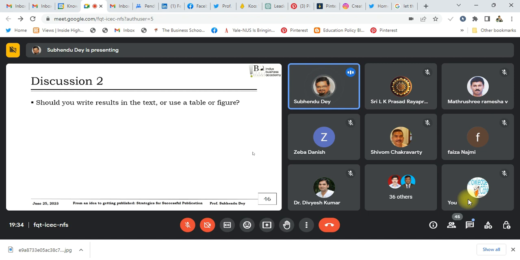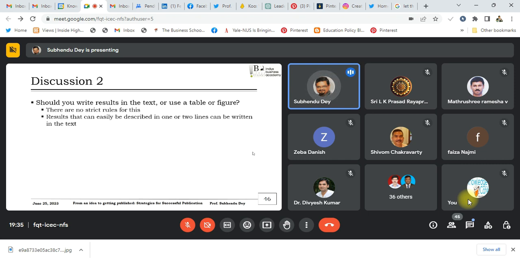Once you have put a table or a figure, that should be independently able to give the information. So that is important. But whether only text, only tables, or only figures can be used, there is no hard and fast rule on this. So there are no strict rules. Point number one.